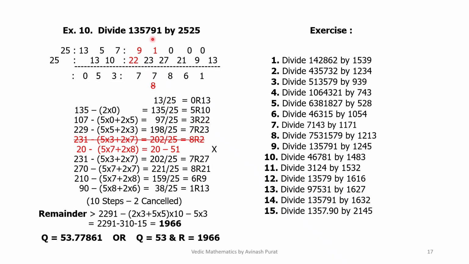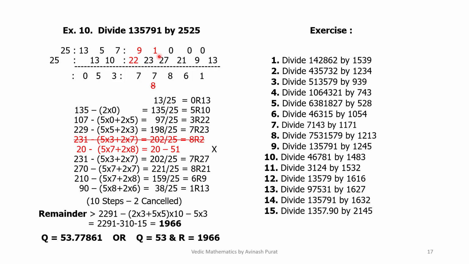Now 229 minus 5 into 5 and 2 into 3, that is 25 plus 6, 31. 229 minus 31 is 198, divided by 25 is 7 is quotient and 23 is remainder.